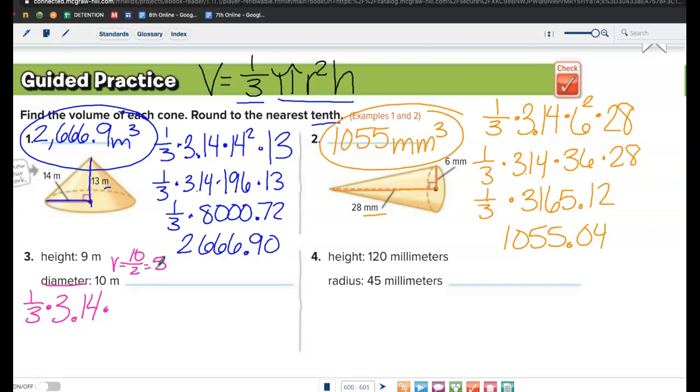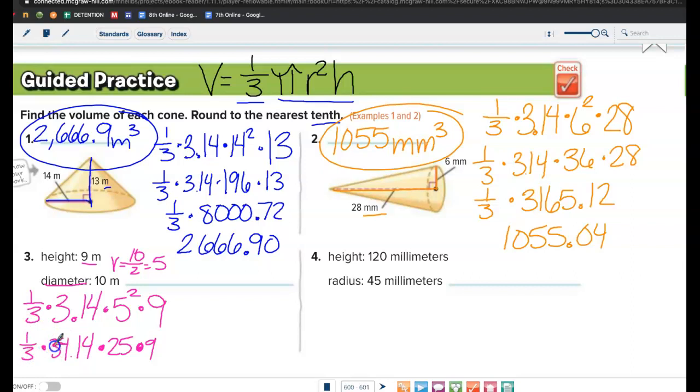So my radius is 5 squared times the height, and they tell me it is 9. I do order of operations, so I'm going to do 5 squared, 25 times 9 times 3.14 times 1/3.